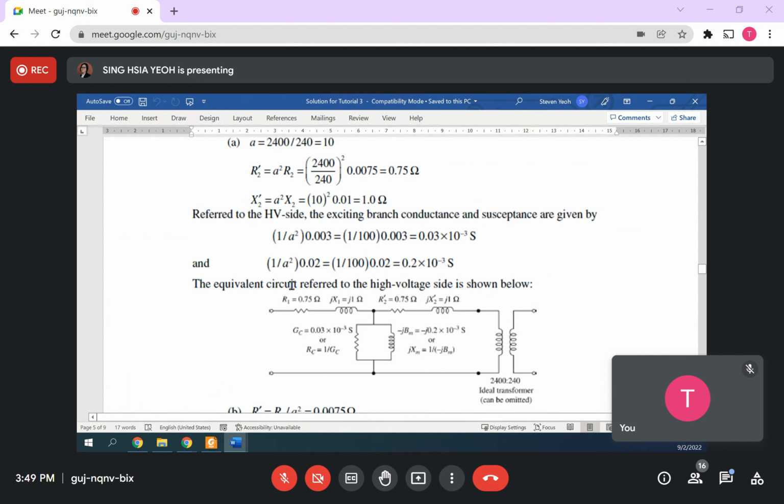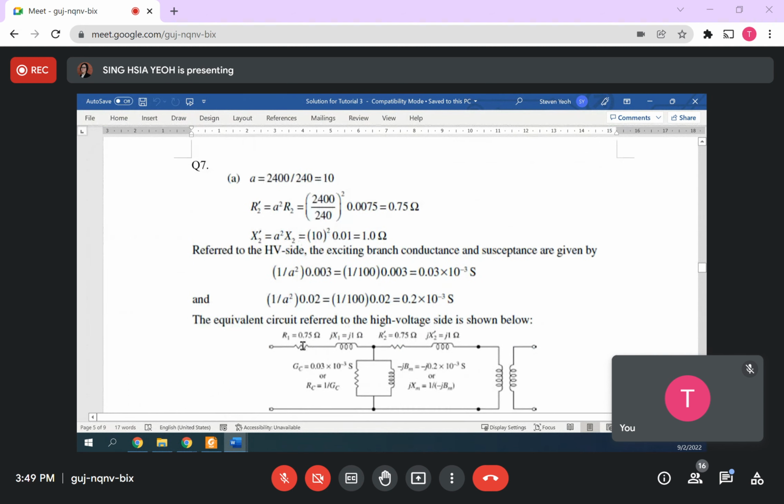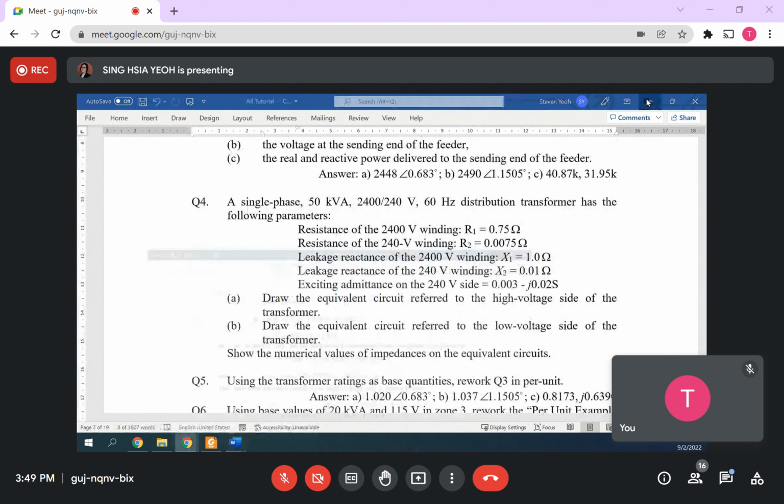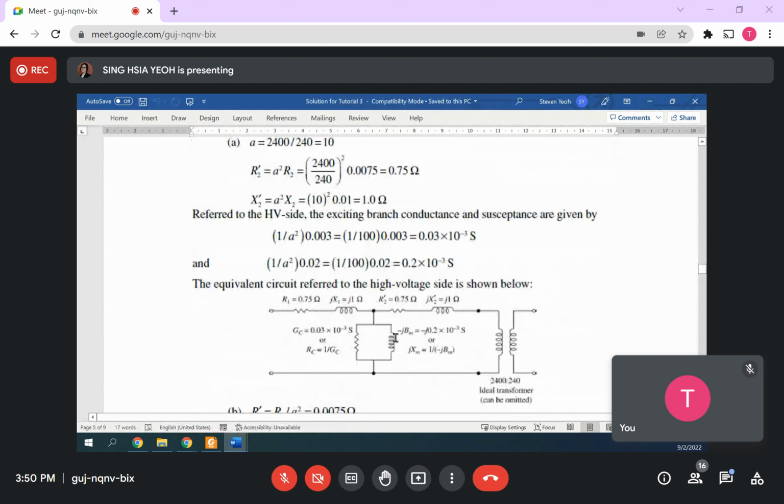So the diagram is like this. You have the original values from the question, 0.75 for R1 and also X1 in ohms, the original reactance. Then the circuit should look like this. You map R2 and X2, giving R2 prime and X2 prime.